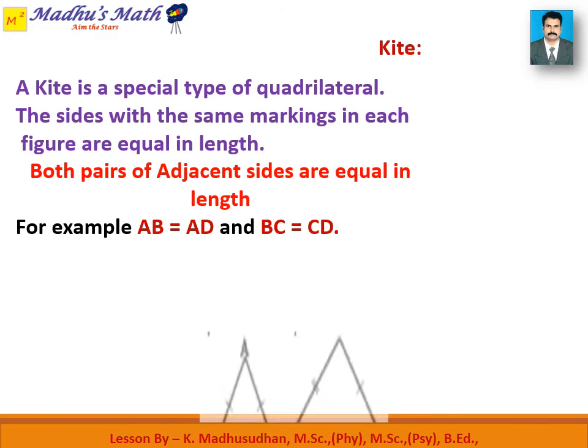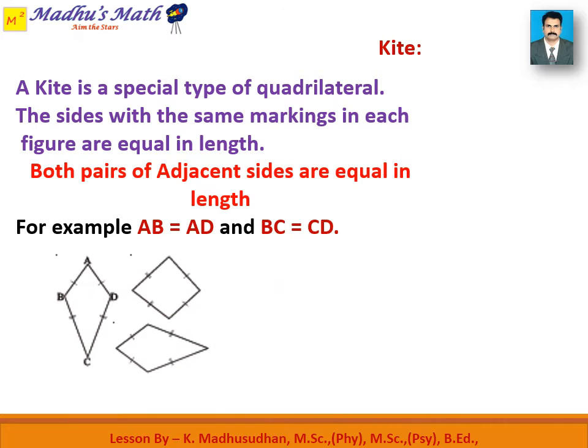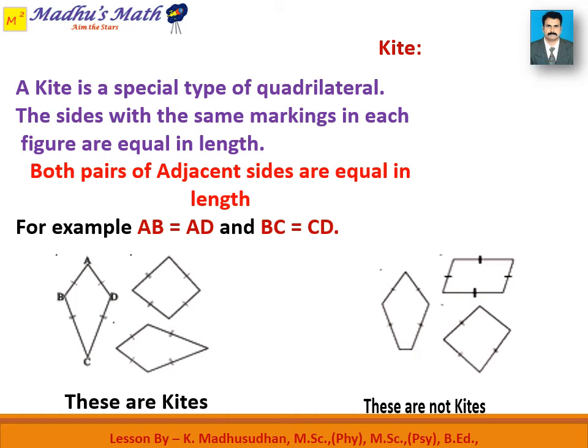Now, coming on to the next category, that is kite. A kite is also a quadrilateral in which two consecutive, that is two adjacent, sides are equal in length.